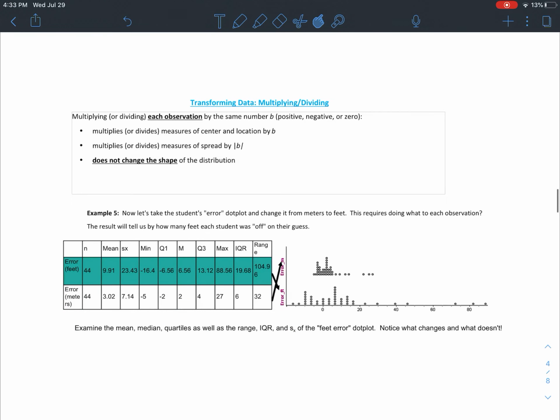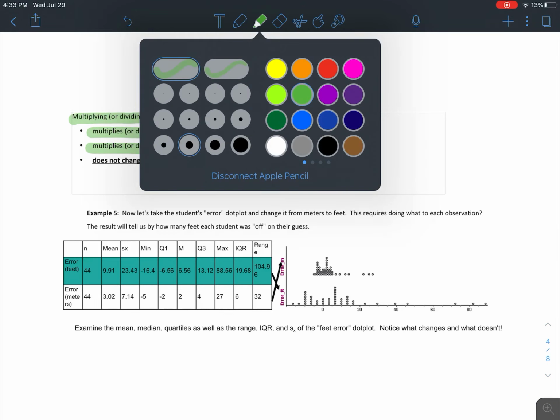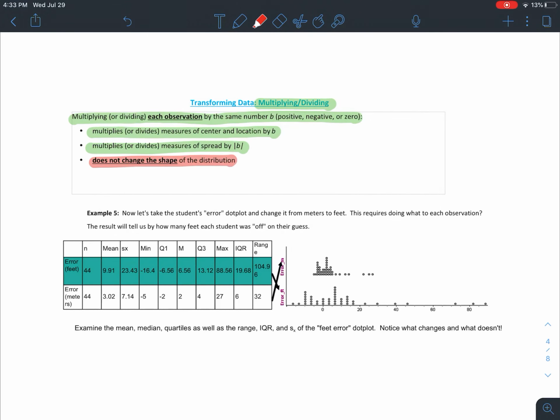Finally, if you were to transform a set of data, not by adding or subtracting the same value from every observation, but by multiplying or dividing each observation by the same number, this will change the measures of center, and now it will also change the measures of spread. However, the shape will not change.